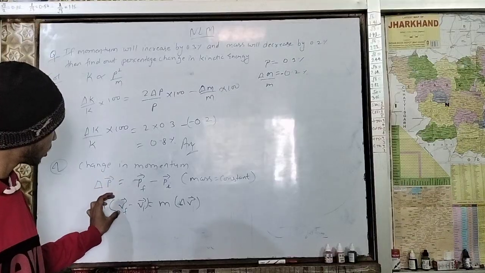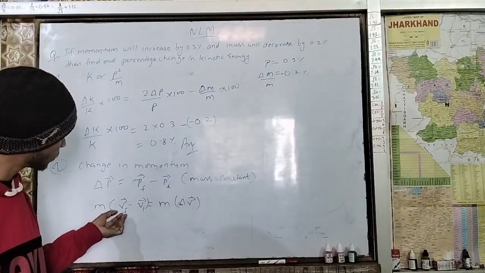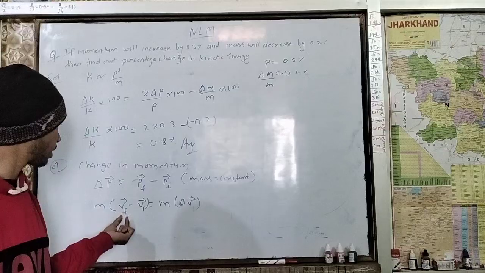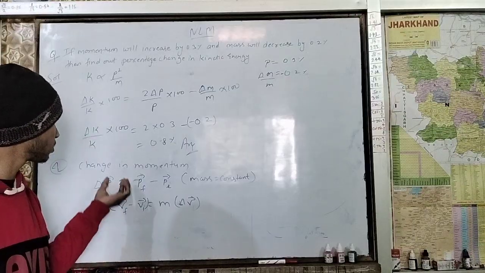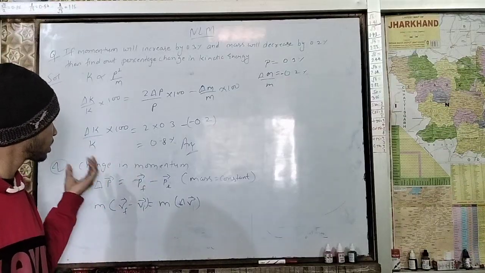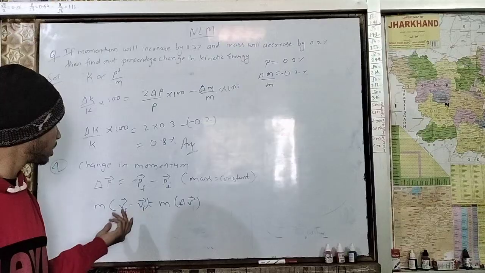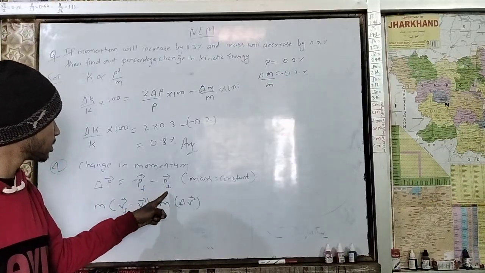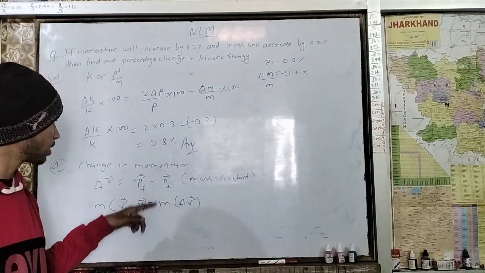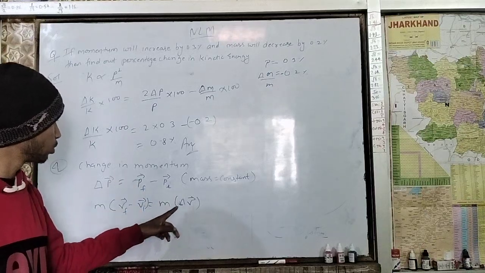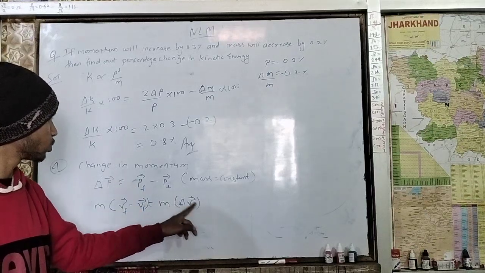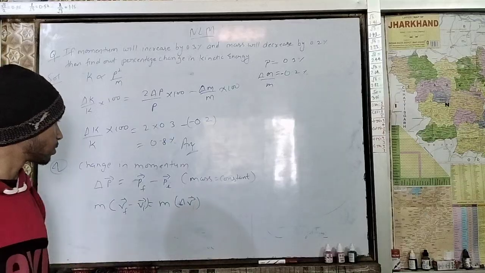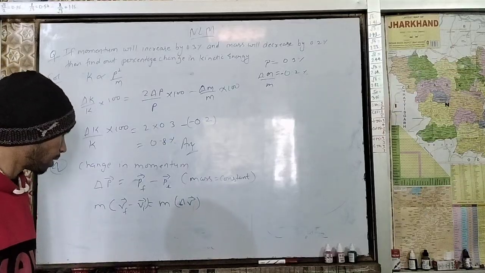So of course we will take final velocity minus initial velocity for the change in momentum. When it comes to change, we take initial and final velocity like this. But remember, this is initial momentum, final momentum, m into v. But this is the total velocity, delta v, total velocity.